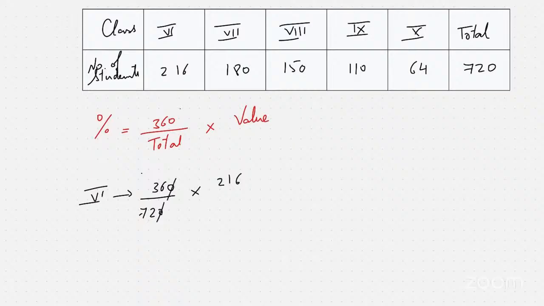With 2 we can cancel. 9 and 9 cancel, and then we have 108 degree.